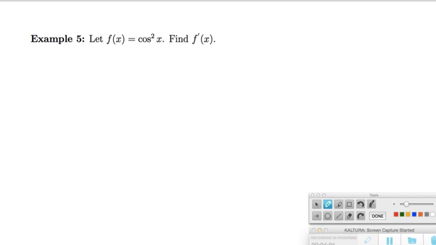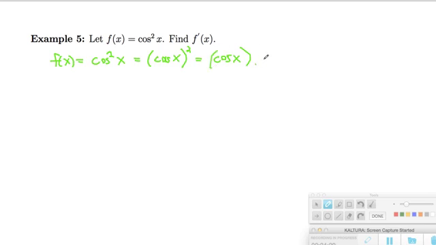So when we write cosine squared of x here, that's the same thing as cosine of x whole quantity squared. And that is also the same thing as cosine of x times itself.